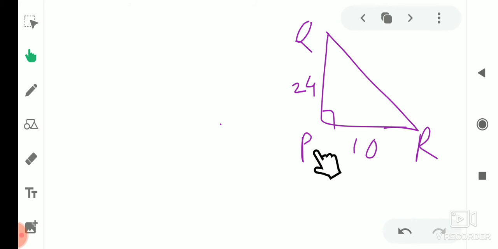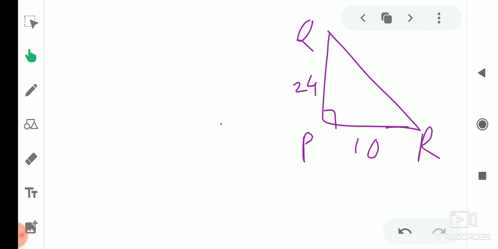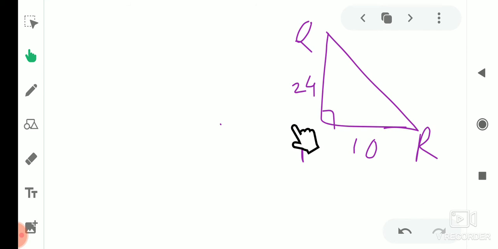Let's draw it: PQ is given as 24 centimeter and PR is 10 centimeter, and we have to calculate the length of the hypotenuse QR. So by applying the formula, QR square will be equal to PR square plus PQ square, and we will find out the value of QR. So try it at your home as homework.